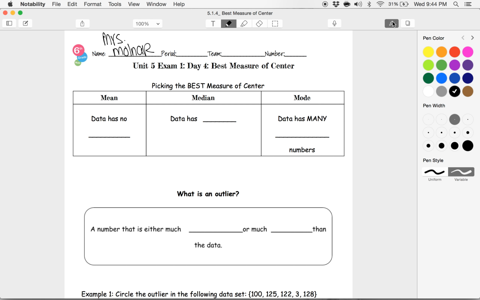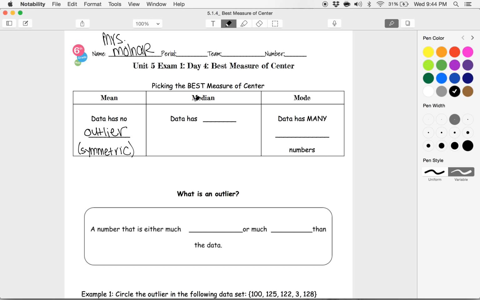So when are we going to pick mean? We're going to pick mean when the data has no outlier. Now I know we don't know what this word necessarily means yet, but we're going to do that in just a little bit. So hang on for a second. We're going to use the mean when there is no outlier, or it's symmetric.